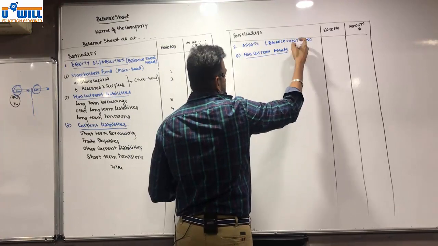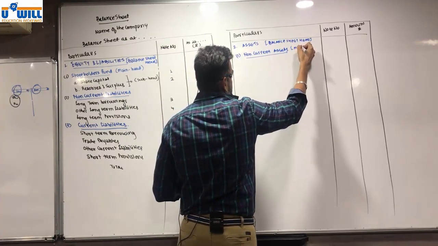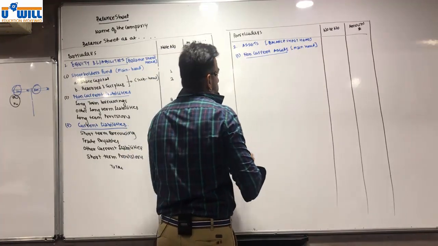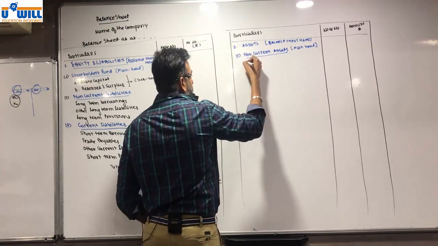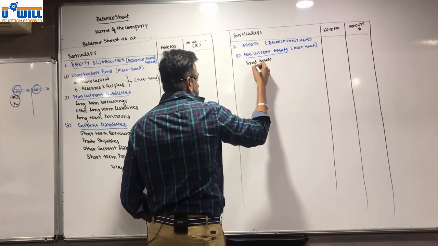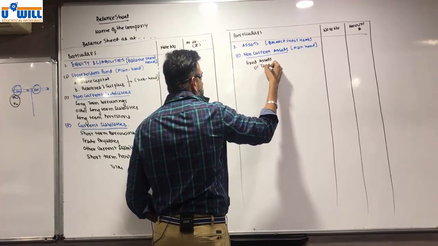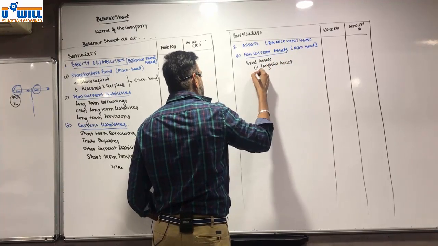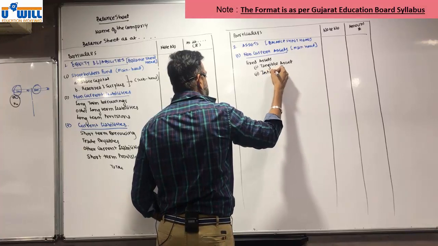This is balance sheet head, this is main head. In non-current asset, we start with fixed assets, which has tangible asset. Second is intangible asset.